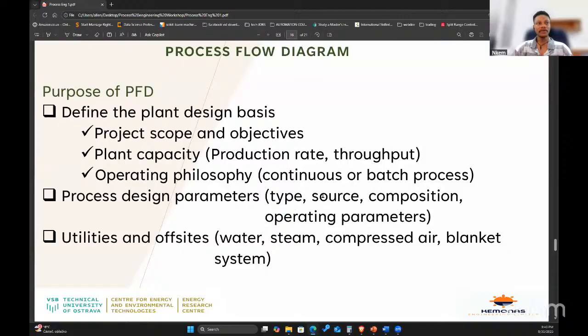Okay, and then also the source where it's coming from, and also the final yield. The operating parameters, the temperatures, the pressure, all the design parameters will be defined there also.